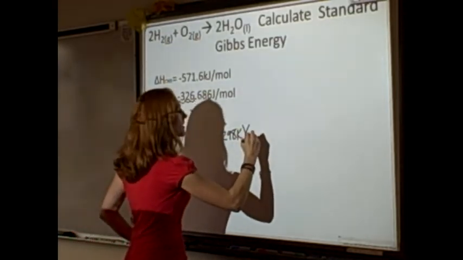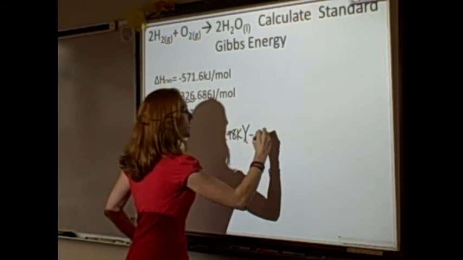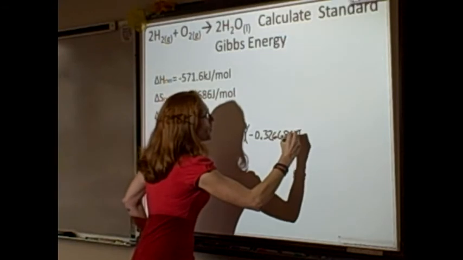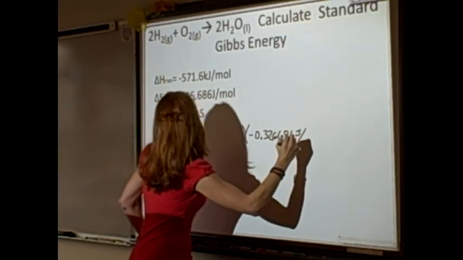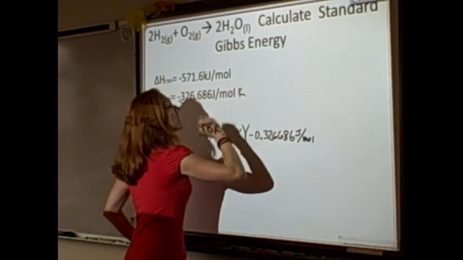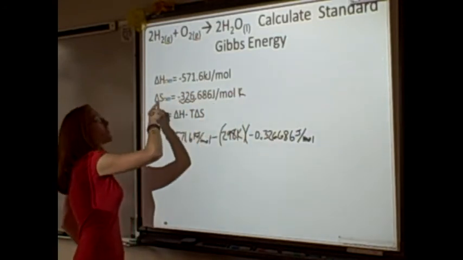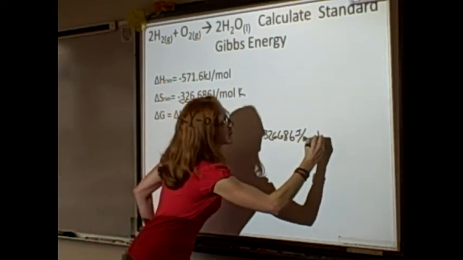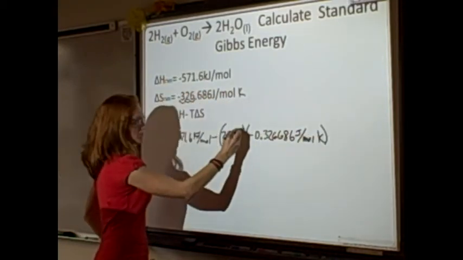So I have negative 0.3266 joules per mole. That actually is joules per mole Kelvin. I left off the Kelvin in the unit. The units for entropy will always be joules per mole Kelvin. So there. And that Kelvin shows up right here.